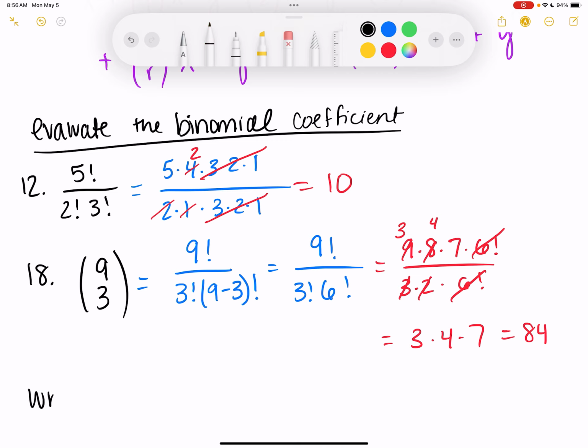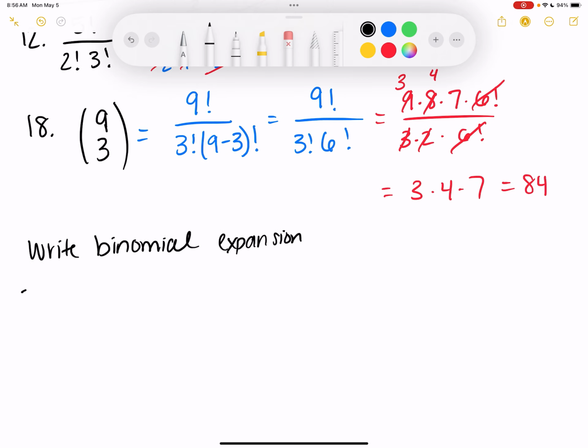All right, the next ones want us to write the binomial expansion. So 32, m plus n raised to the fourth power.